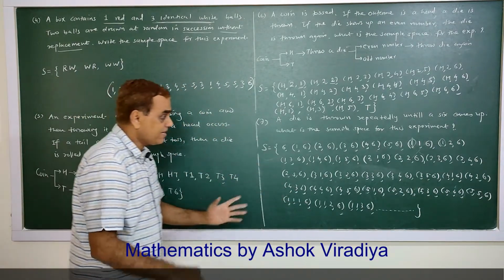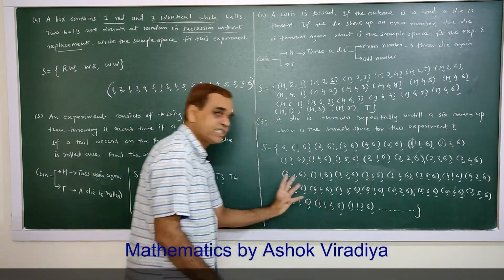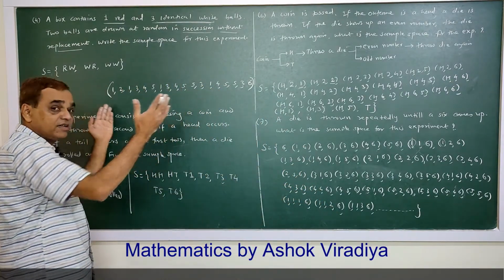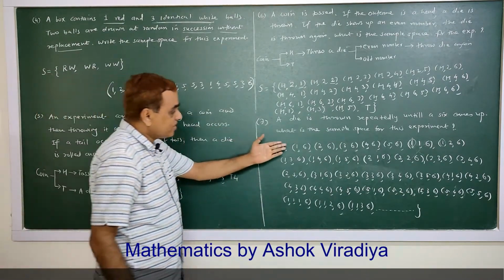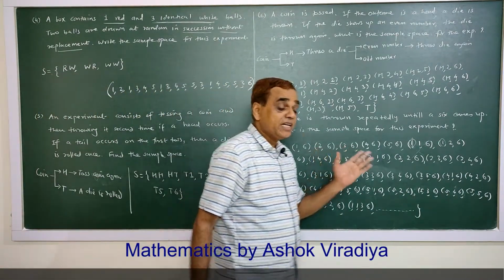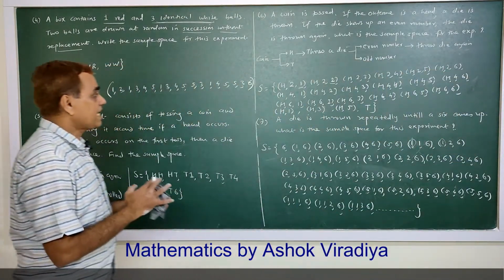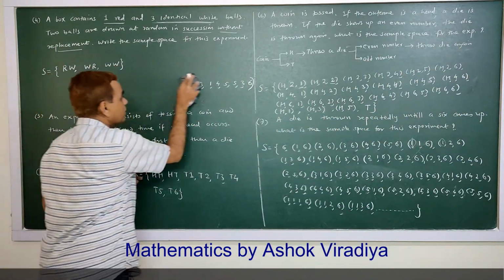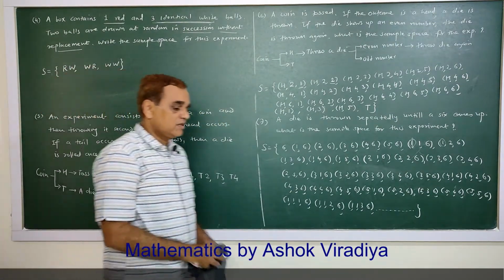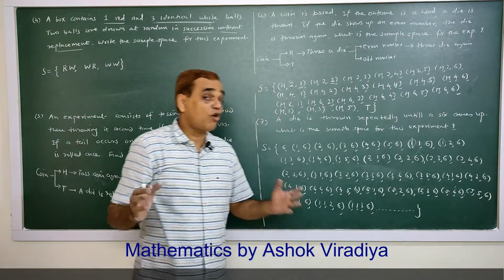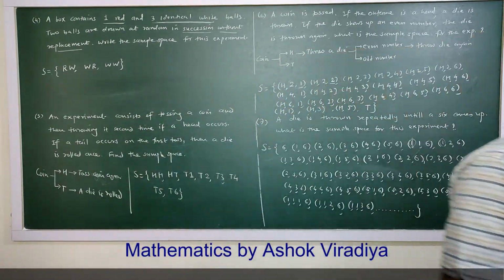An outcome can contain 1 digit, 2 digits, 3 digits, 4 digits, 40 digits, like this. So this sample space contains infinitely many elements. Sample space is the set of all possible outcomes of a random experiment.